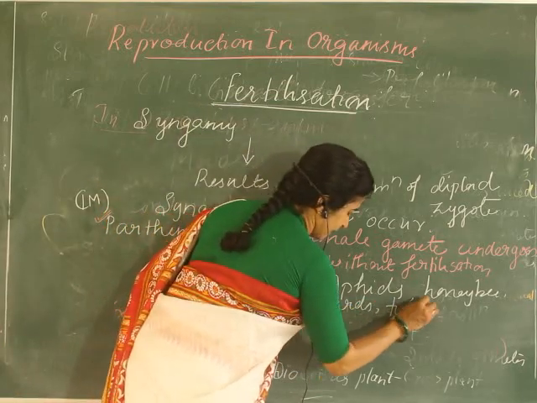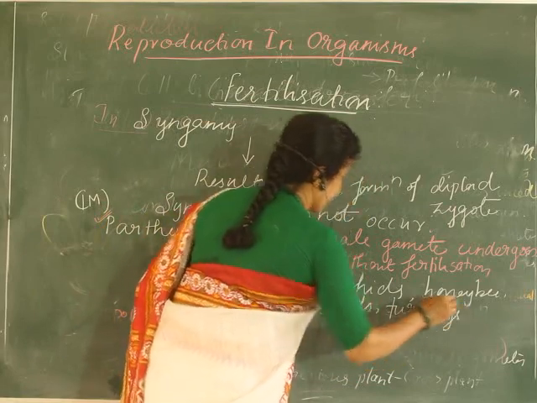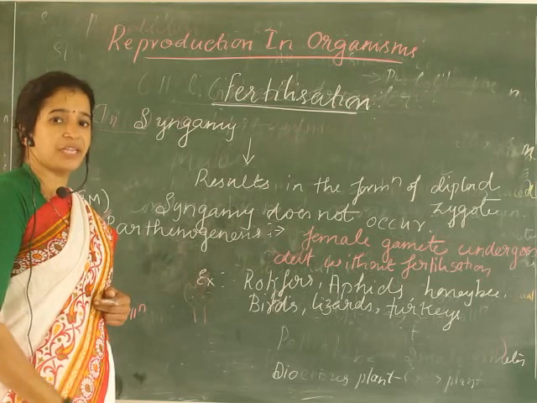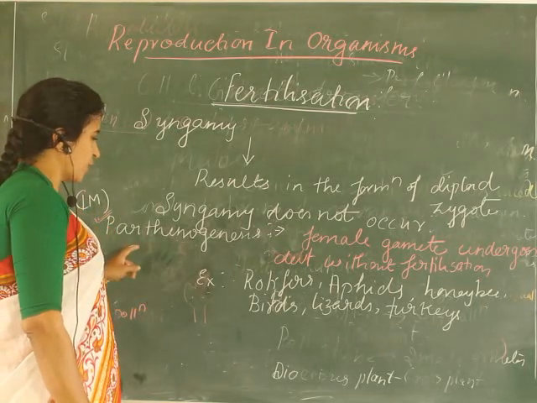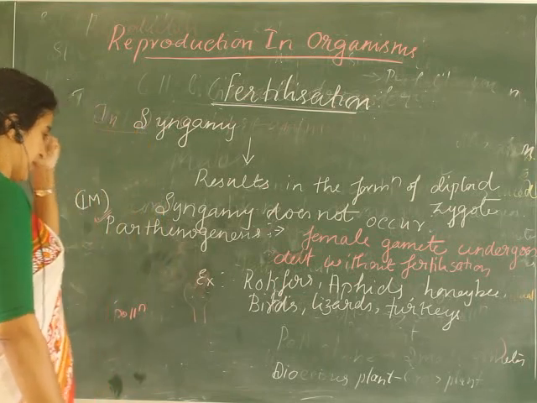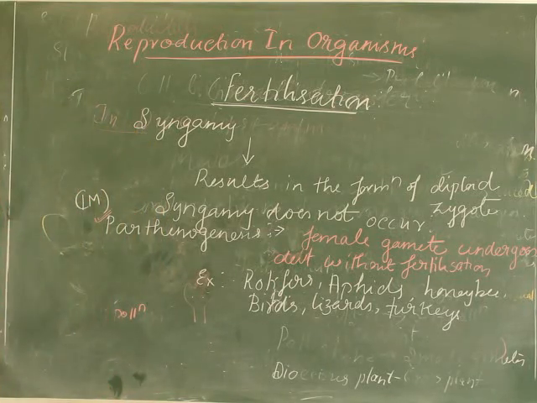You have heard of turkey? In this group of animals, the female gamete undergoes development without fertilization, so we call that process parthenogenesis. Please make a note of that, and it is important too.